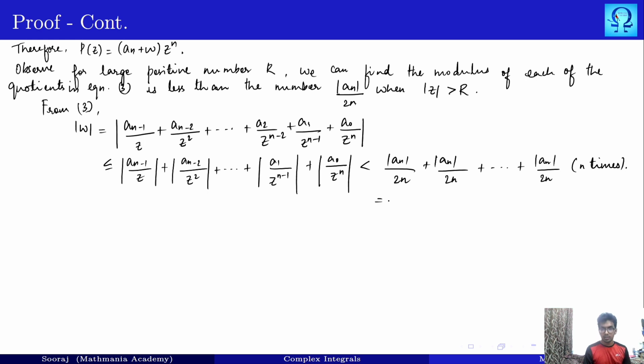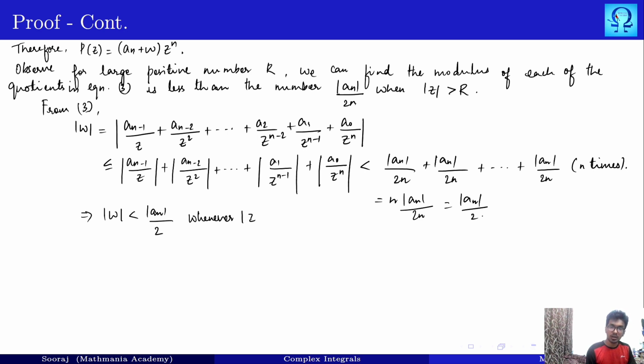So this quantity is equal to n times absolute of an upon 2n, that is absolute of an upon 2. Right? So ultimately, absolute of w is smaller than absolute of an upon 2, and this is happening only when absolute of z is bigger than r, right?